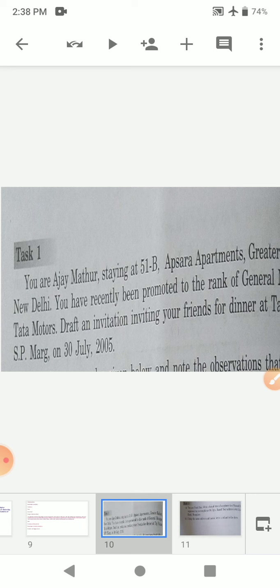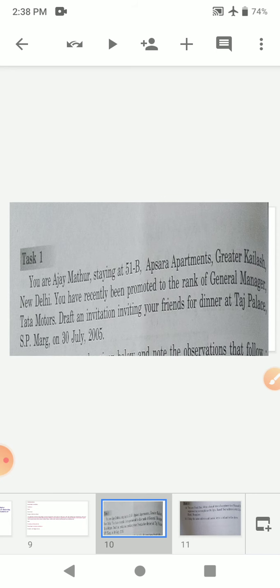So you are Ajay Mathur. This is one of the tasks that is prescribed in your book, Do at Your Home. You are Ajay Mathur, staying at 51B Apsara Apartments, Greater Kailash, New Delhi. You have recently been promoted to the rank of General Manager, Tata Motors.